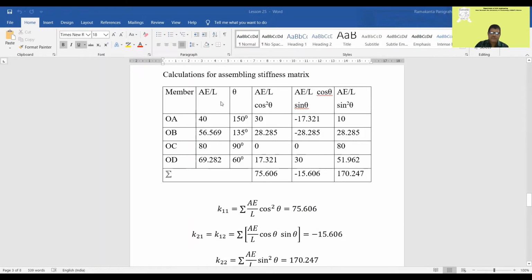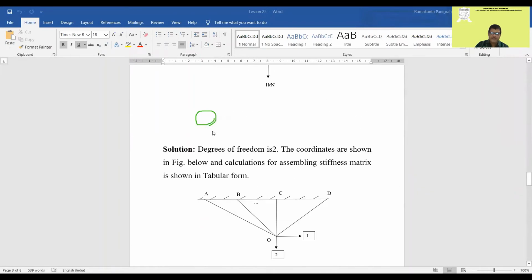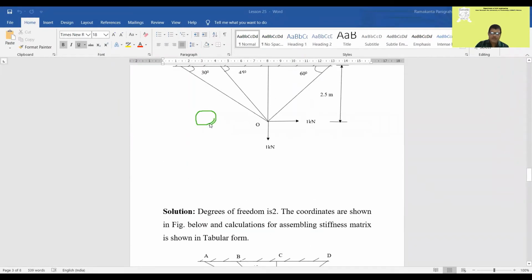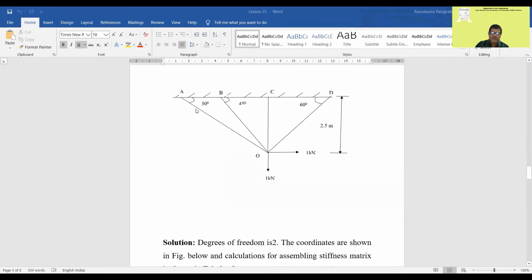Similarly, you can find out the length of each member from the geometry. The angles are given: 30 degree, 45 degree, 60 degree. So you can find the values. Now, how is theta measured? Theta is 150 degree for OA. It is written OA 150 degrees.